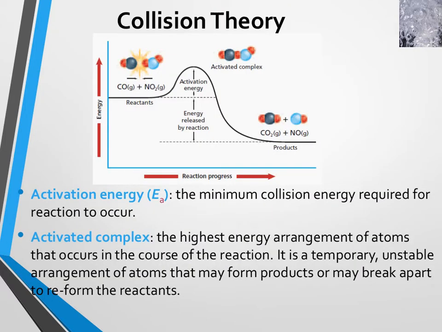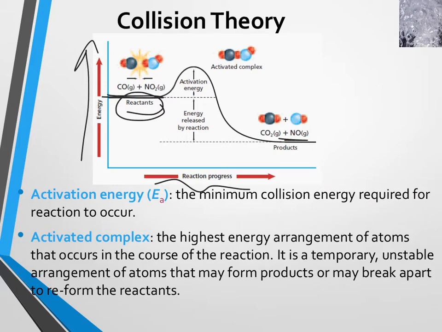This is a typical reaction progress graph that shows the potential energy of a reaction as it proceeds. This type of graph is so commonly used in chemistry, so you'll see it through the remainder of the semester. There is potential energy along the y-axis, and reactants are the first substance that's represented, so their collective potential energy is marked.